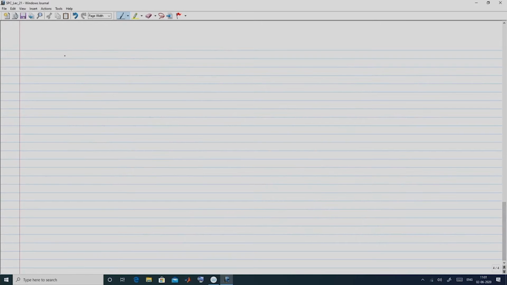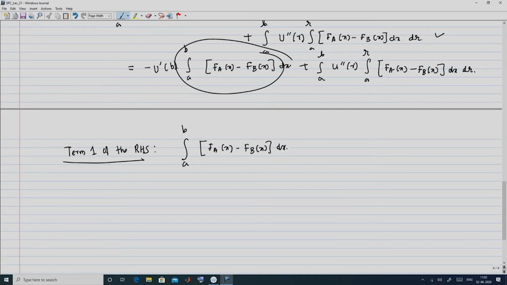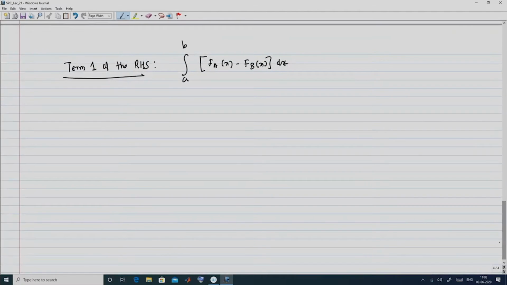All right. So, now we look at term 1 of the RHS. Here in term 1, we just consider the integral a to b F_A of x minus F_B of x dx. What does this become?